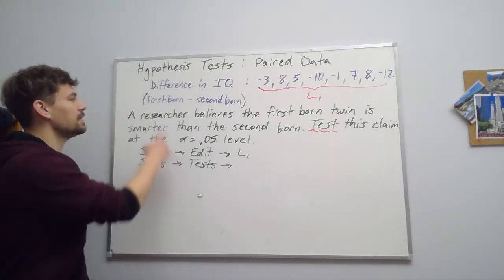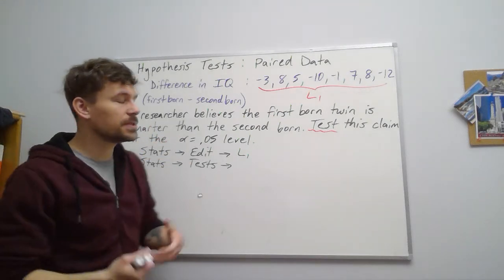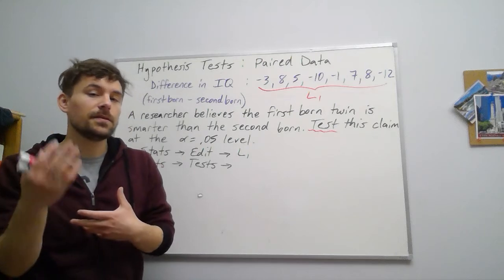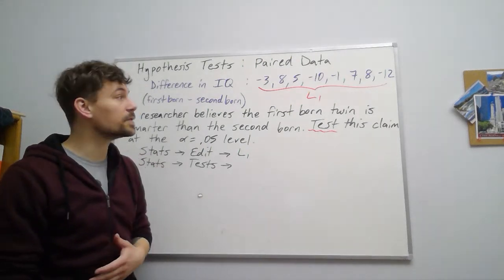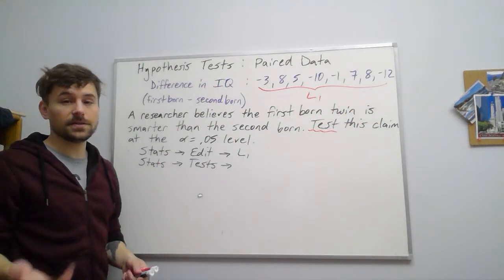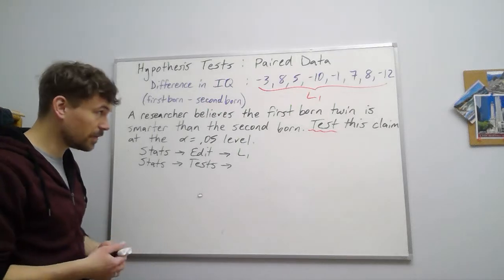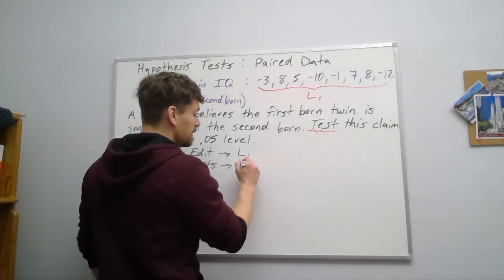We want to test this on average. It really comes down to whether I know s, the sample standard deviation, or sigma, the population standard deviation. Since we have a sample here, we can certainly find the sample standard deviation. So we're going to use s, meaning this is going to be a t-test.